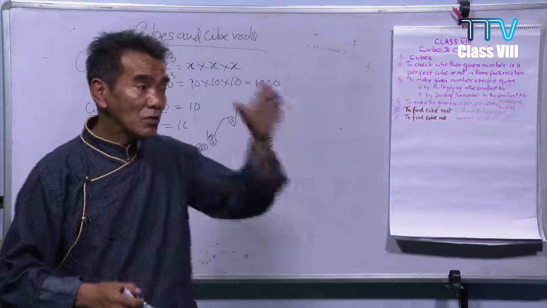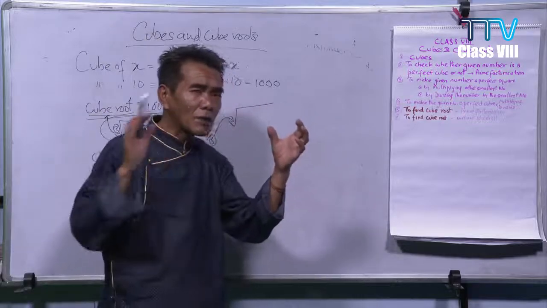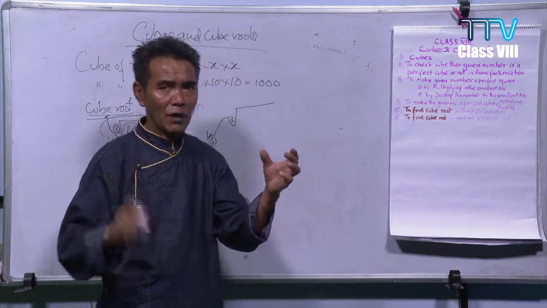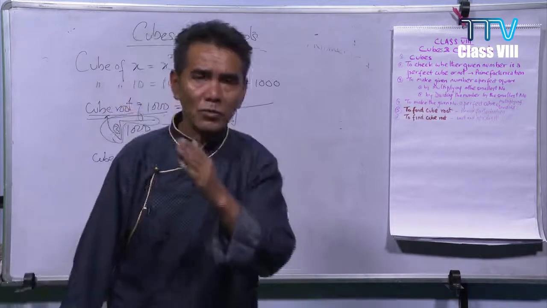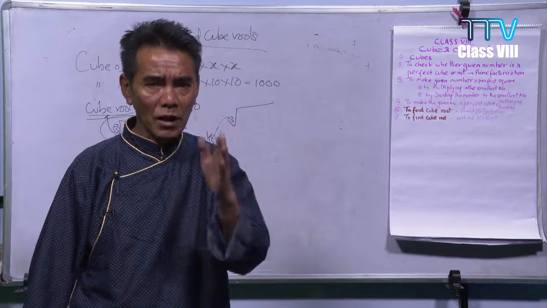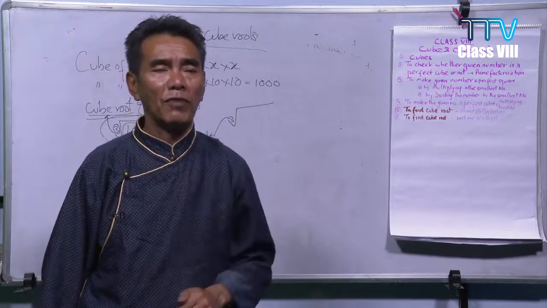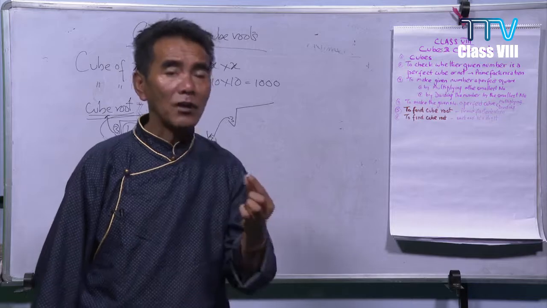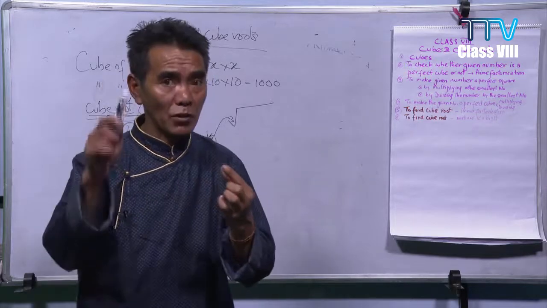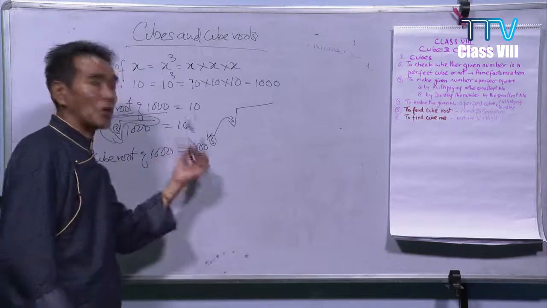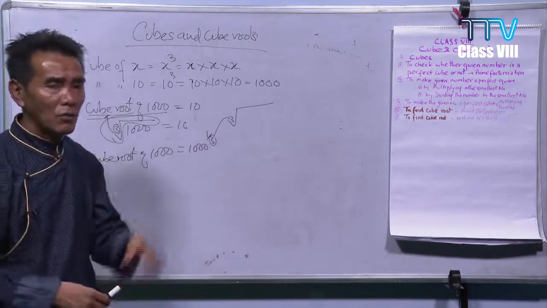The cube root of 125 is 5. So the cube of 5 is 125, and the cube root of the product 125 gives back 5.